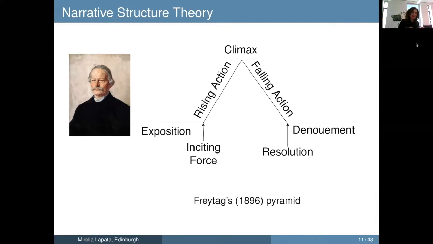We start with the exposition, which is again the beginning. The action rises, I have a climax in the middle, and then things start winding down, and I have the resolution. And this Freytag's pyramid is very important because it turns out it is the basis of the modern era's turning points theory that screenwriters use, and we will try to operationalize in this talk.